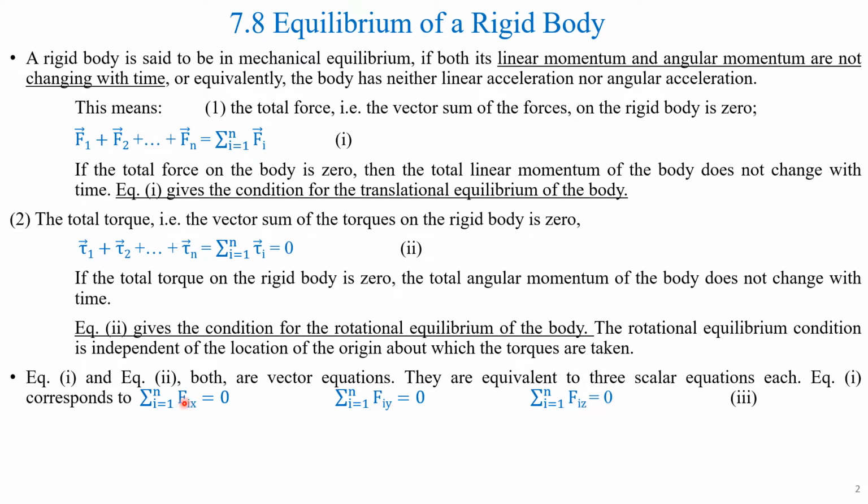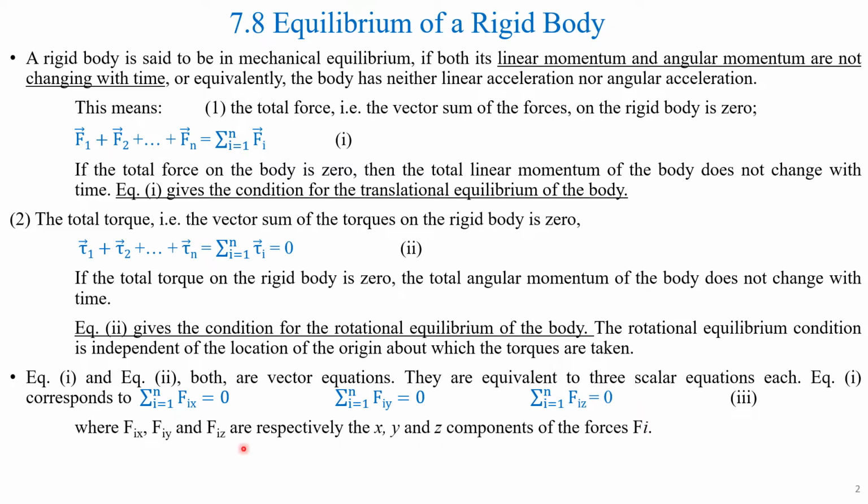Here please see, Fix, Fiy and Fiz are not vectors. They are scalars. Let it be equation 3, where Fix, Fiy and Fiz are respectively the x, y and z components of forces Fi.